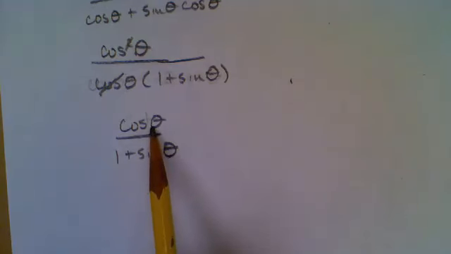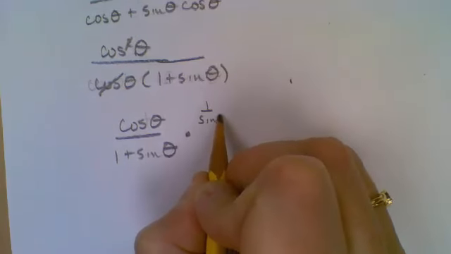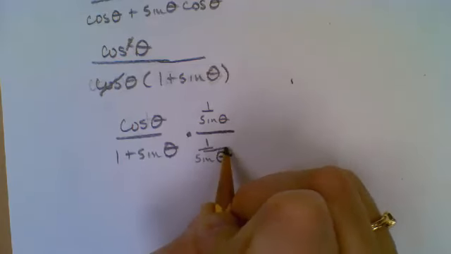We want to get to cotangent. Cotangent is cosine over sine. Cosecant is 1 over sine. So when I think about where I'm trying to go to, it makes me realize that what I need to do is just multiply by 1 over sine over itself. I'm just multiplying by a form of 1.